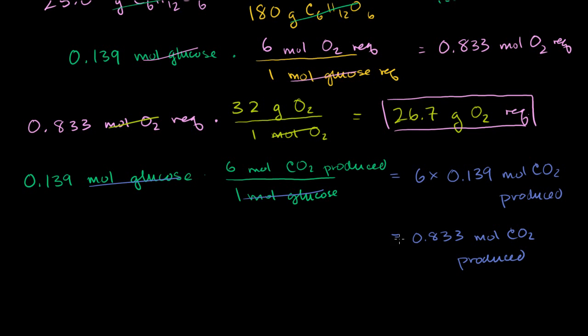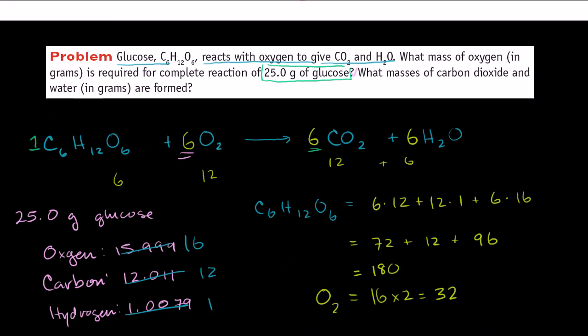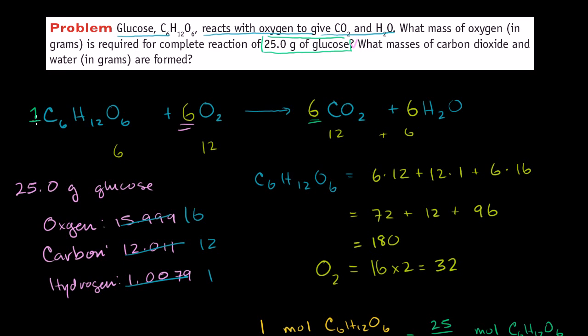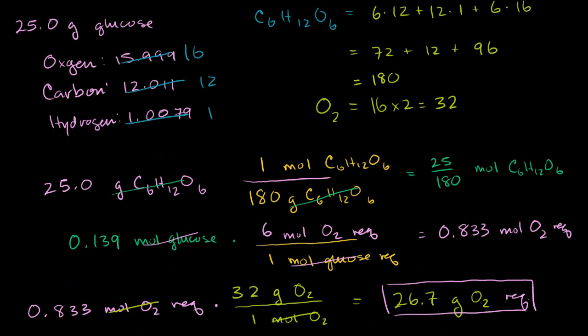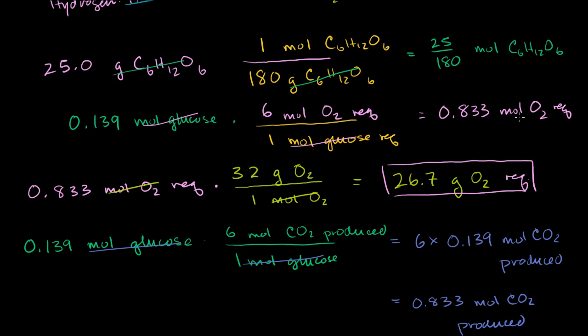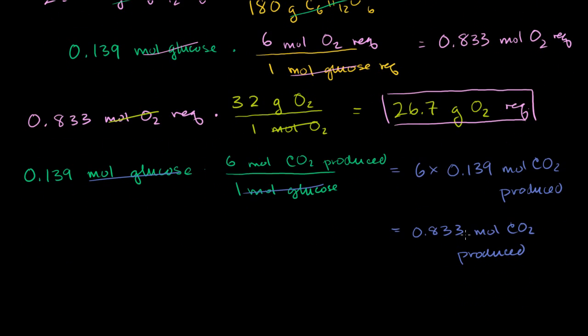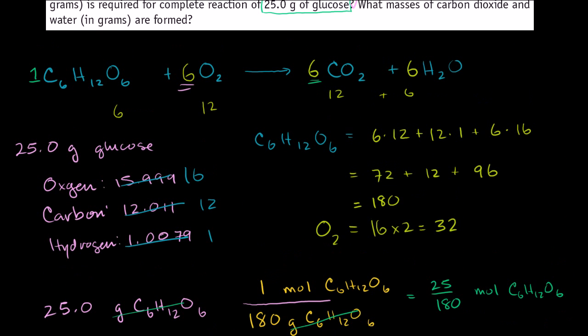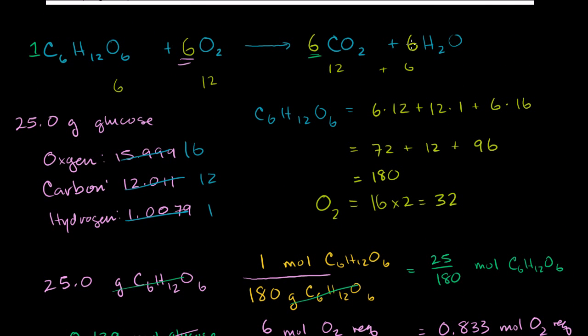And actually, I won't skip too many steps, but we see over here, for every 1 mole of glucose, 6 moles of this, 6 moles of this, and 6 moles of that. So that's why we had the 0.833 moles of oxygen, and we're also getting the 0.833 moles of carbon dioxide. If we did the exact same thing, we would perform the exact same calculation.